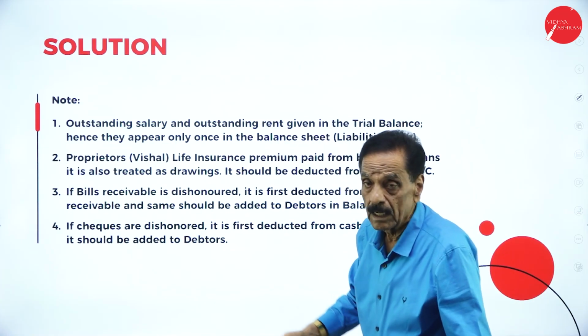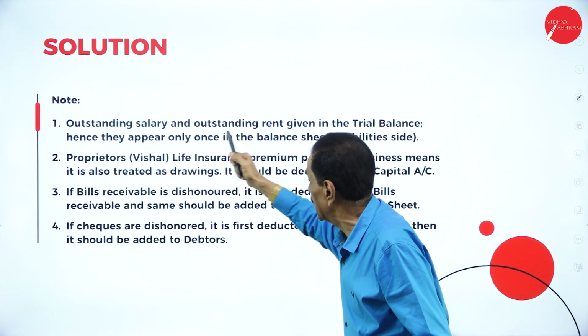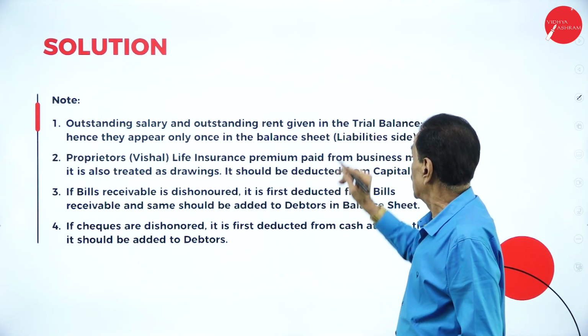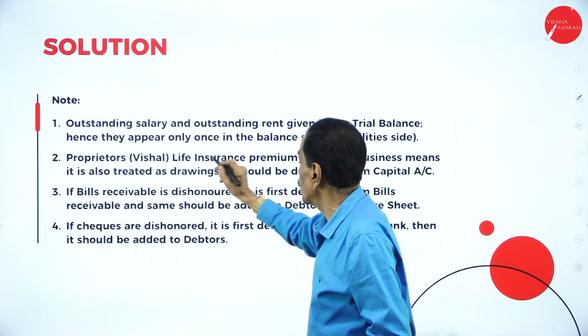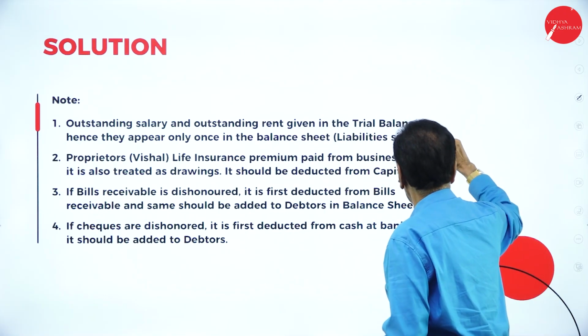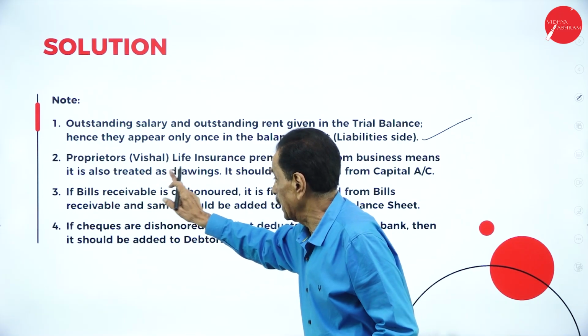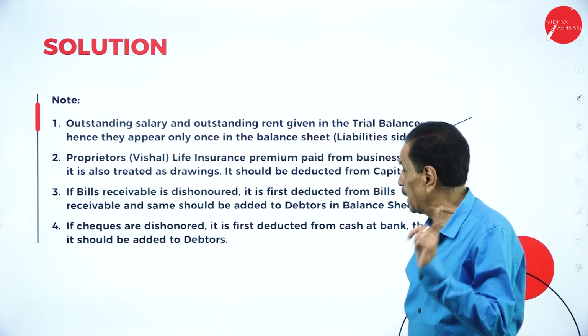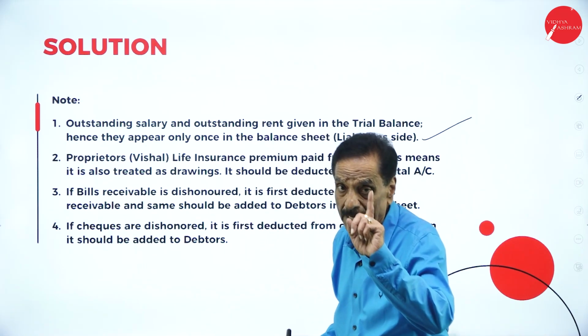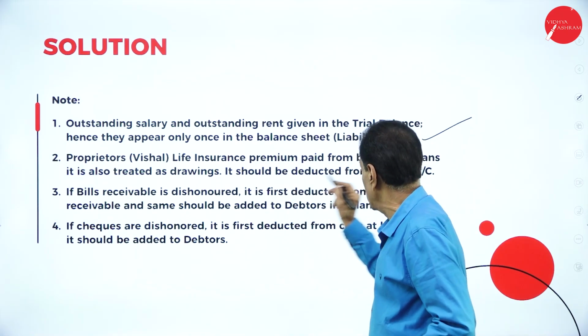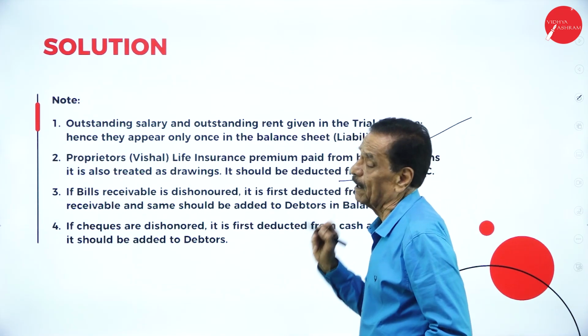Outstanding salary and outstanding rent are given in the trial balance, hence they appear only once, on the balance sheet liability side. Life insurance premium paid from business by the proprietor is also treated as drawing. It should be deducted from the capital account.